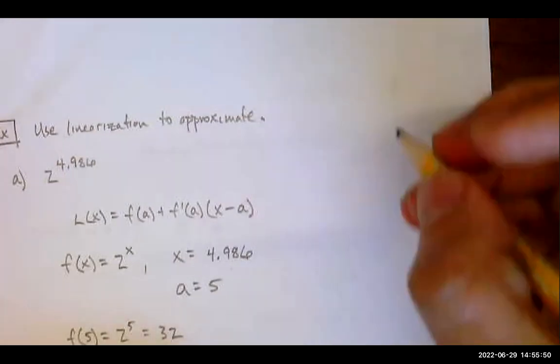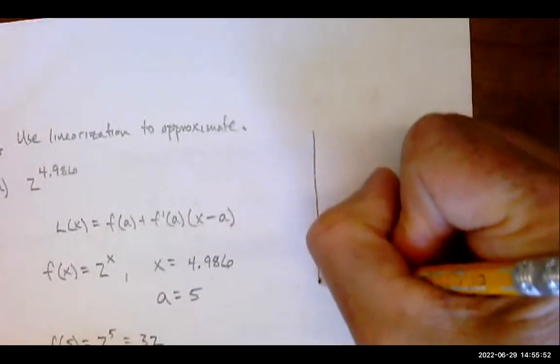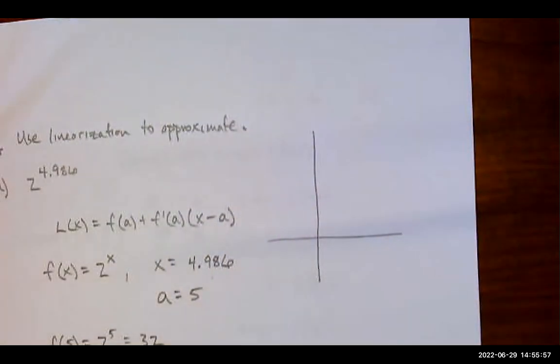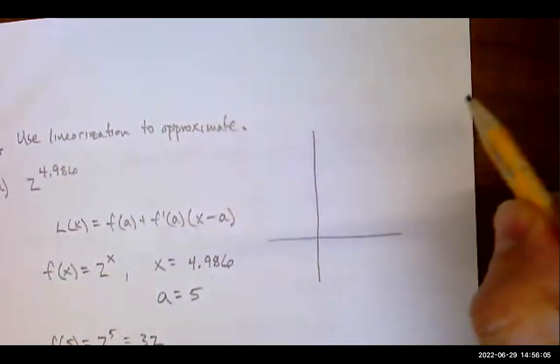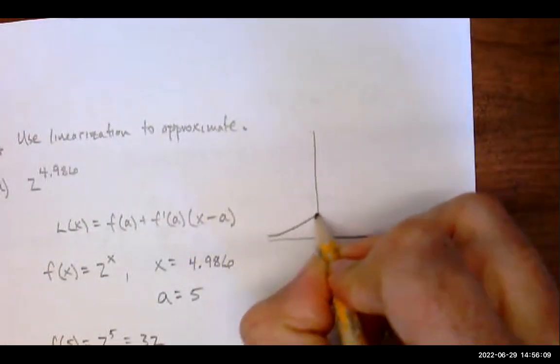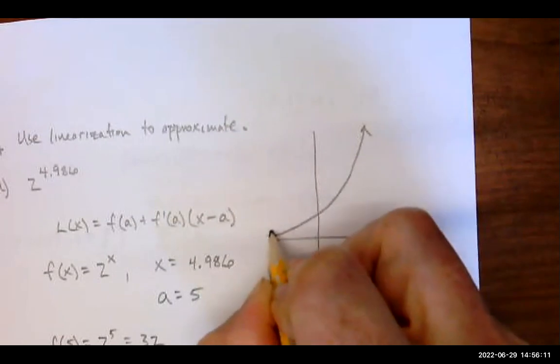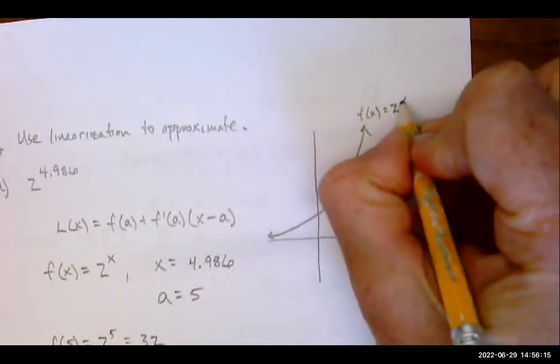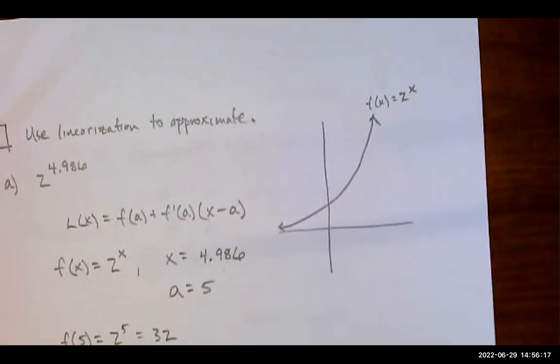If you graph that, and this will just be a sketch, 2 to the x, right? It's exponential. It's going up really, really fast. So it's shooting up like this. f(x) equals 2 to the x.